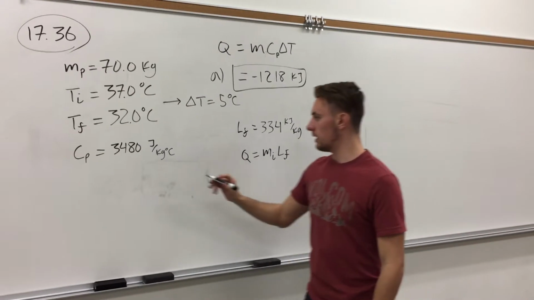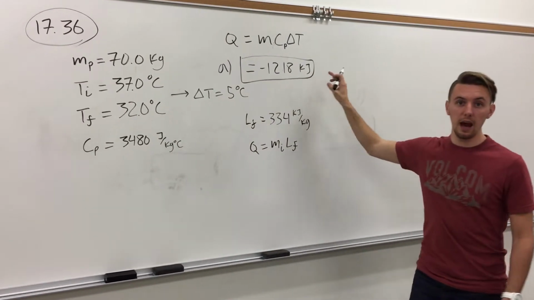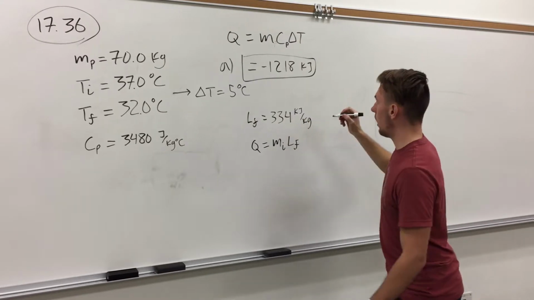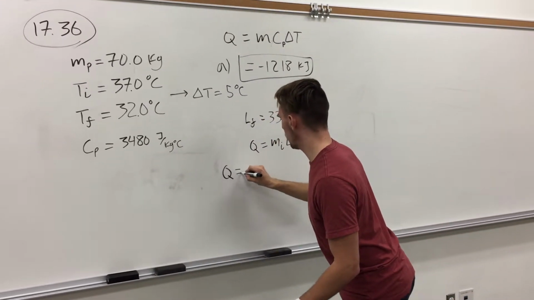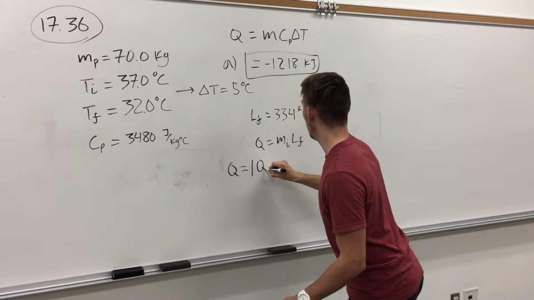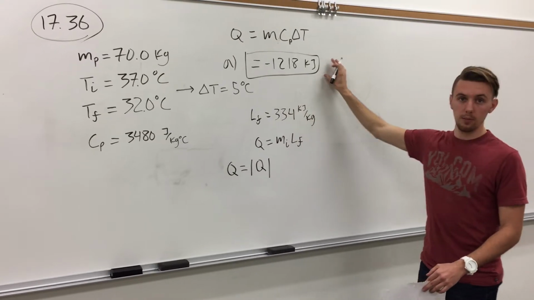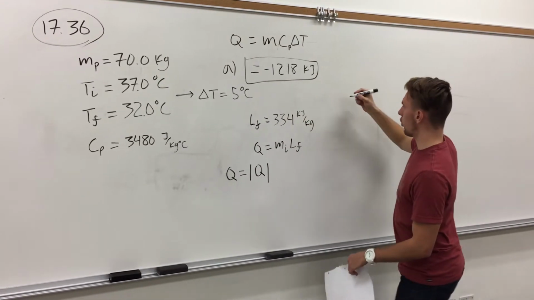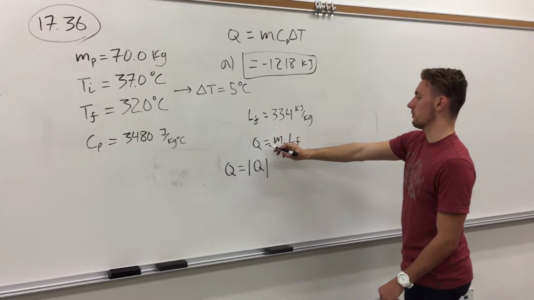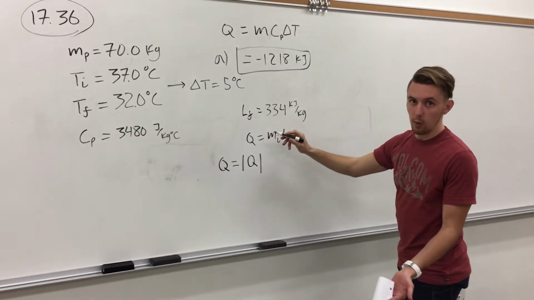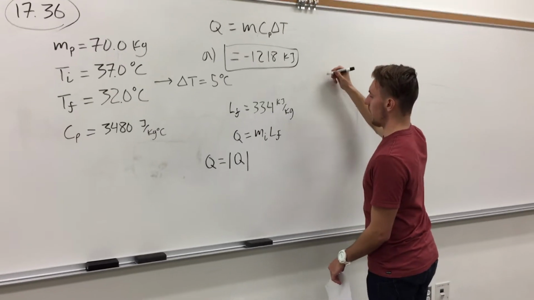So because heat lost by the body is heat gained by the ice in this situation, the Q right here is going to be equivalent to the absolute value of the Q that we found in part A. So our equation is going to be solvable because now we just have one unknown, which is the mass of the ice.